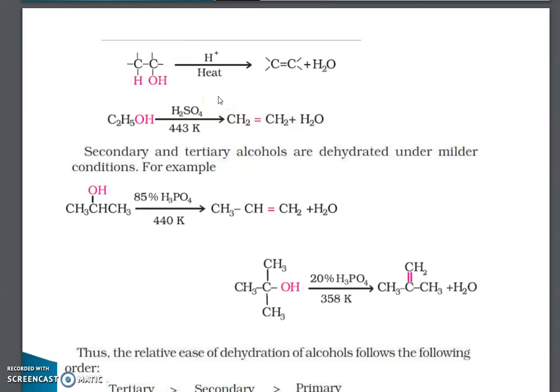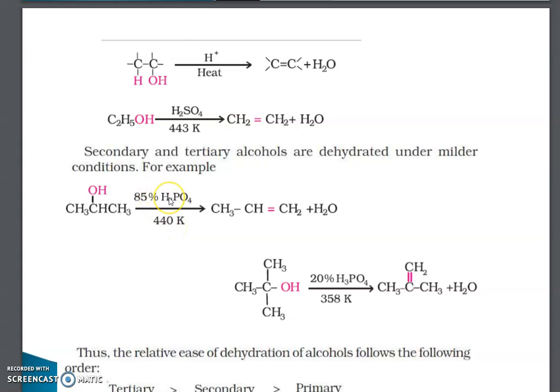Here we can also identify the primary, secondary and tertiary. The primary alcohols need a very concentrated acid, but in the case of secondary and tertiary alcohols, the dehydration will occur in milder conditions. We do not need strong acids.